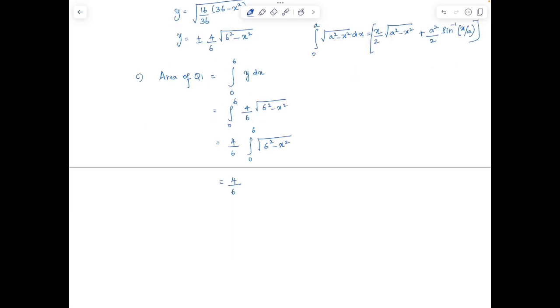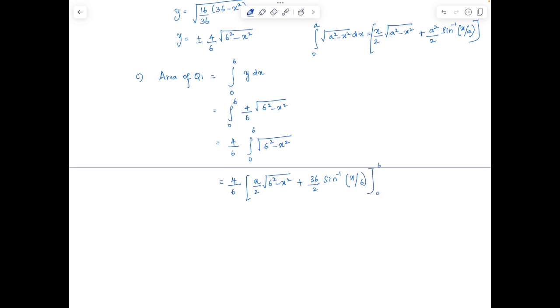So 4 by 6 times x by 2 square root of 6 square minus x square plus, a being 6, 36 by 2 sine inverse of x by 6.